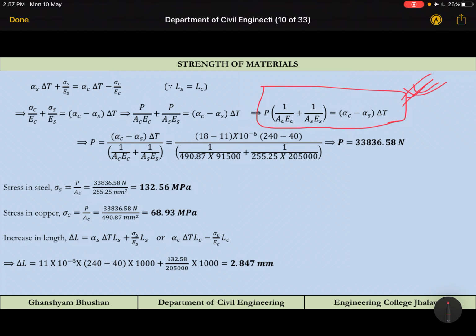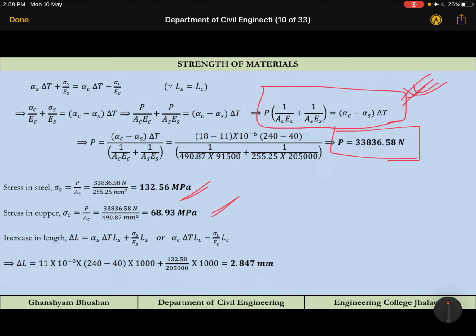Put all the values and finally we will be getting P, because again due to equilibrium the force will be same, the areas and stresses can be different but force is same. So P is there, area is there, so we can get the stress in steel, it is coming out to be 132.56, and stress in copper is coming out to be 68.93.